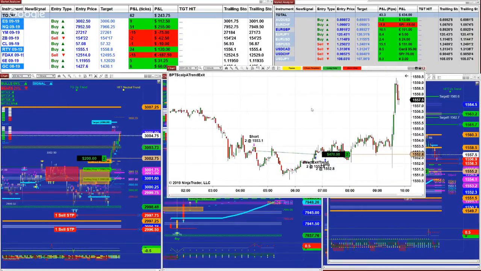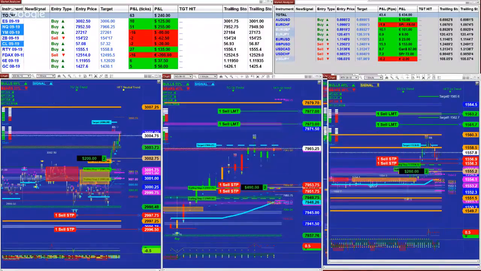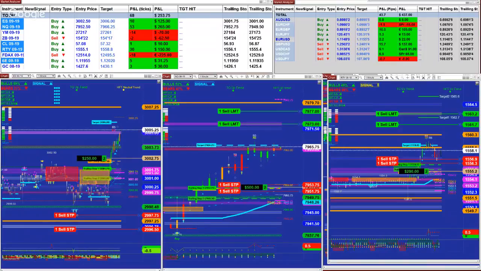On the Russell swing trade, this is the second trade on the Russell. I had one almost breaking even in the second one, but we will cover all this while we are covering the market, and we will look at how this market is working today.